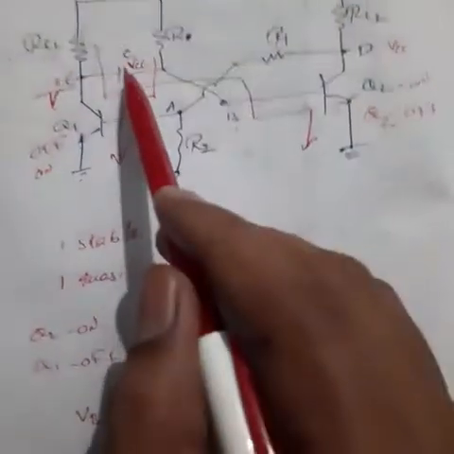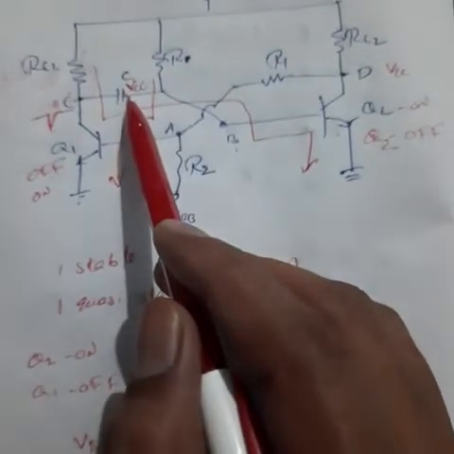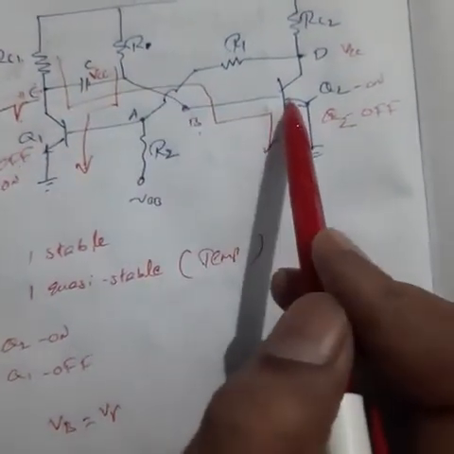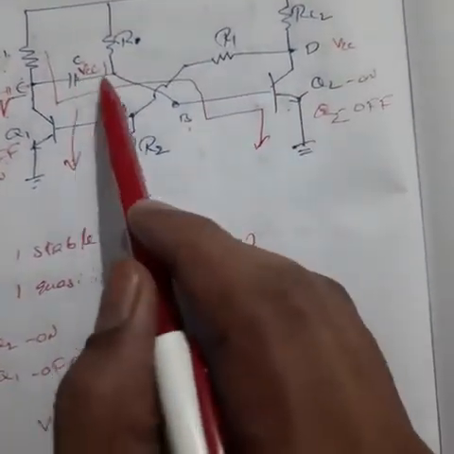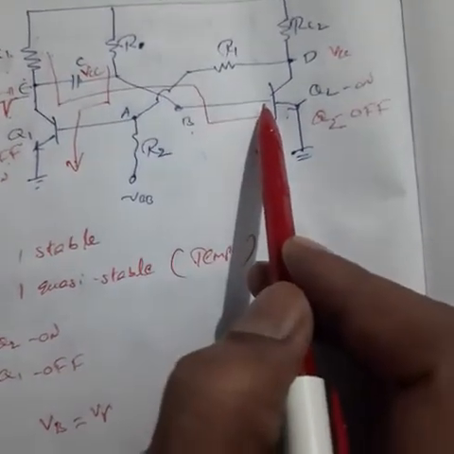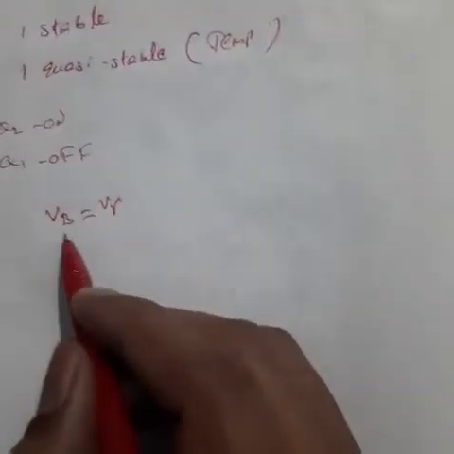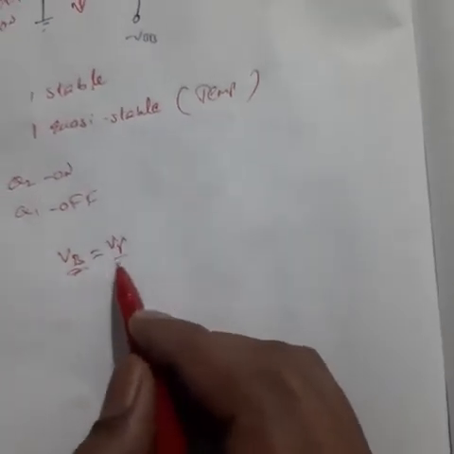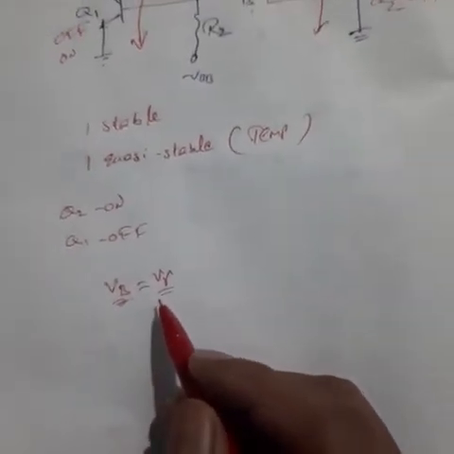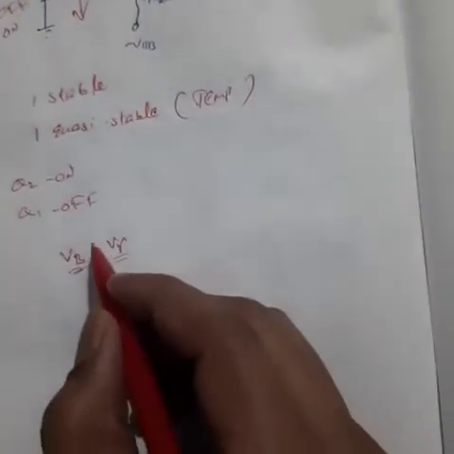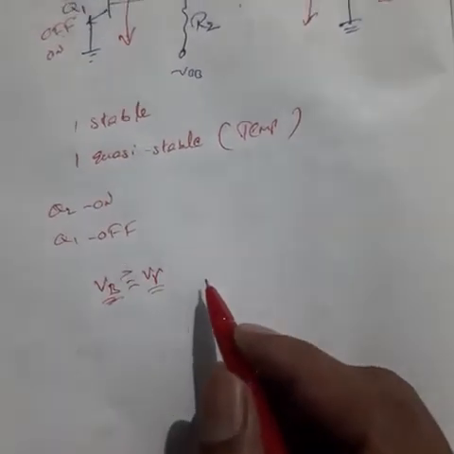That means the discharged voltage is applied to the input of Q2. At some point, the base voltage is almost equal to the cut-in voltage, or greater than or equal to the cut-in voltage.